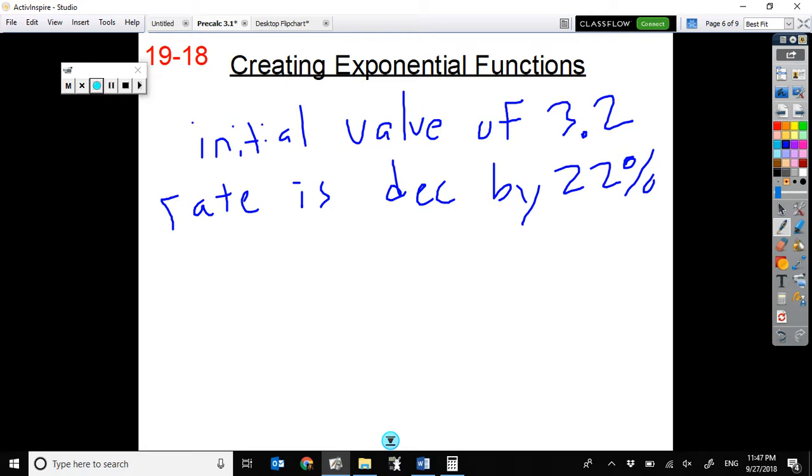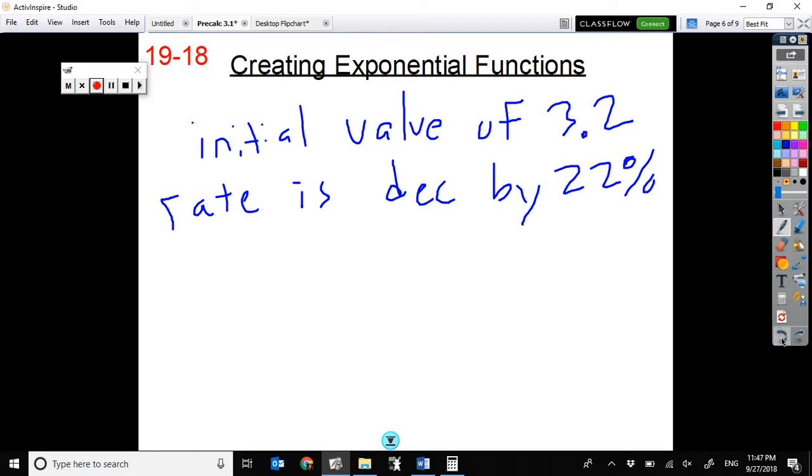Well, if I'm decreasing, again, I'm not going to plug in just 0.22 because that actually gives me way more than a decrease of 22%.